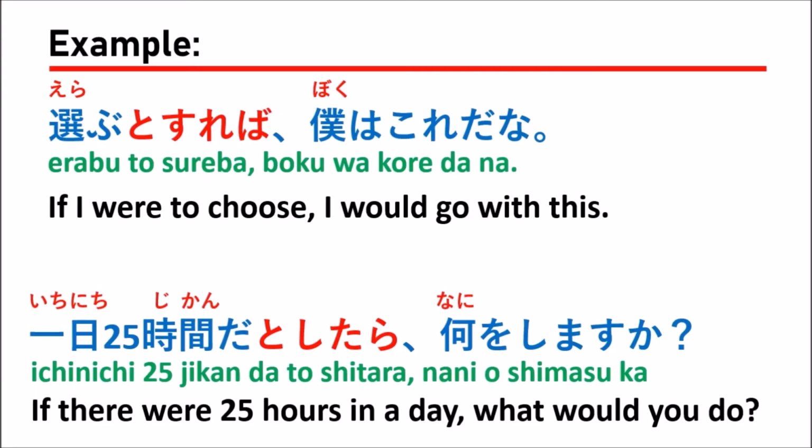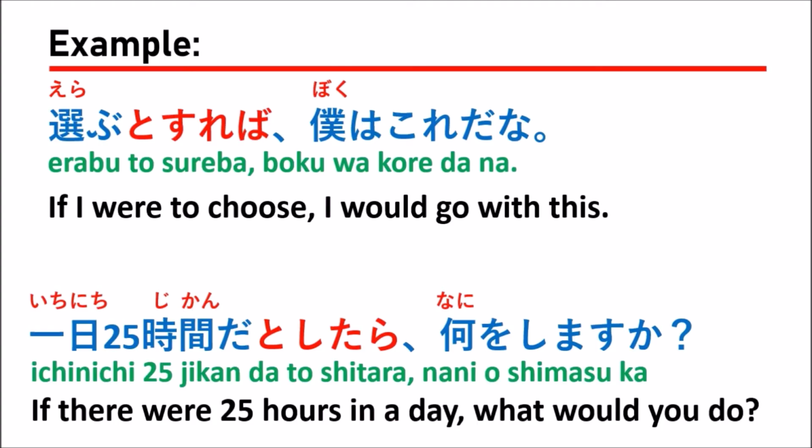So 1日25時間だとしたら means that if one day had 25 hours, just supposing something like this. 何をしますか？What would you do? But actually, one day has only 24 hours, right?